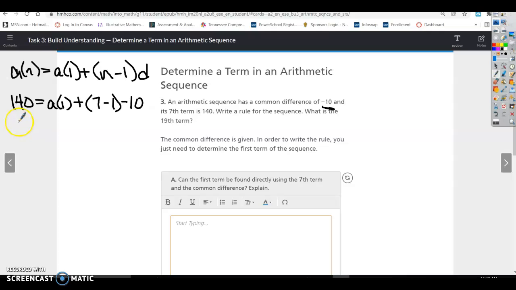So we're going to have 140 equals a sub 1 plus 7 minus 1, which is 6, times -10. So that's -60.